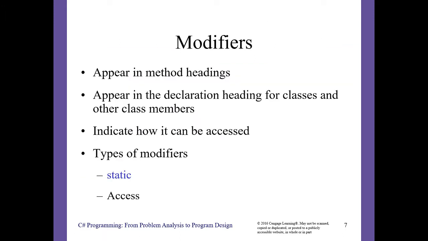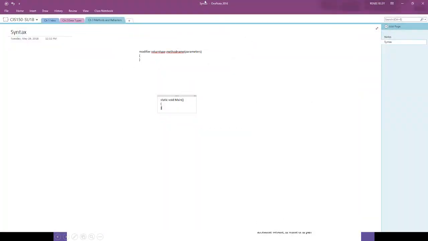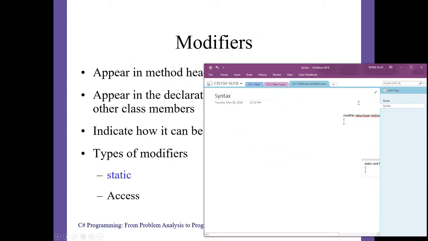Now those modifiers, what are they? They're in method headings, and we can also use them when we're talking about classes or other class members, and we're saying how this thing can be accessed. We have two types, either the keyword static or a type of access. So let's put that in our notes here.